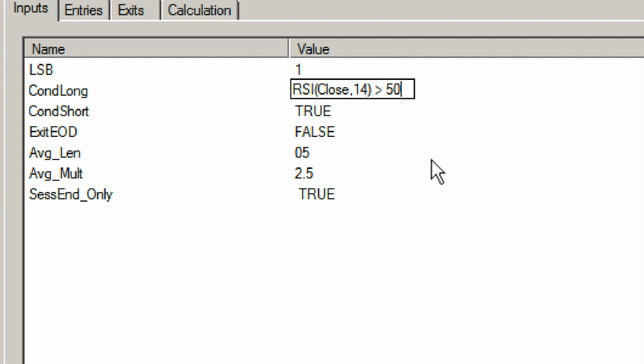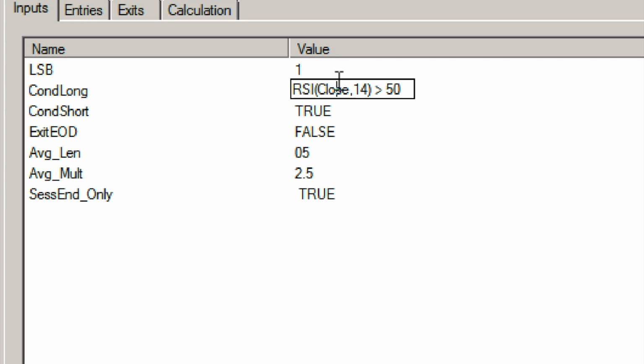So we're looking for an RSI with the close above 50. Of course, this would only happen on the close, which means the close of the 15-minute chart. If you put data 2, you can actually have that happen on the daily as well.